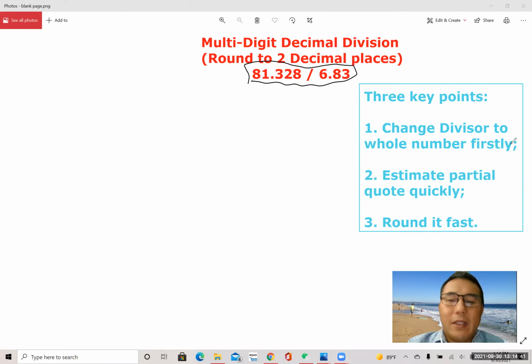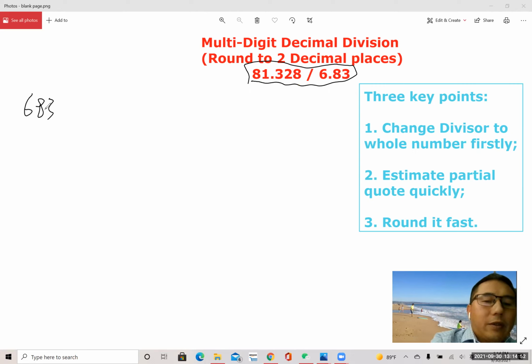So that means that 6.83 multiplied by 100 goes to 683. Then the dividend also needs to be multiplied by 100.